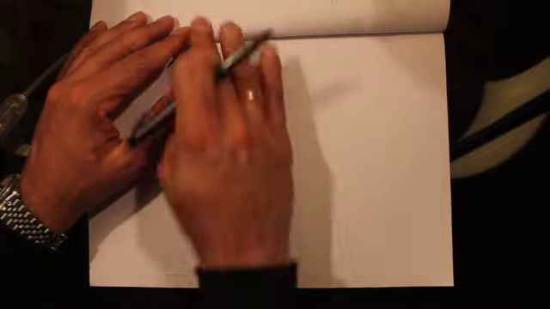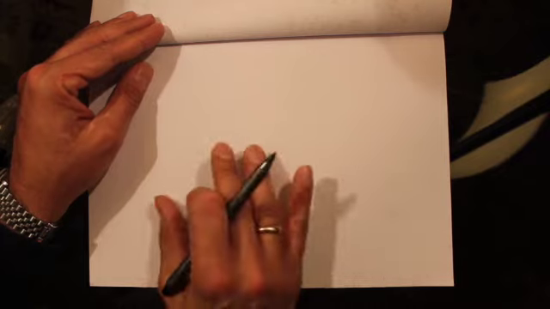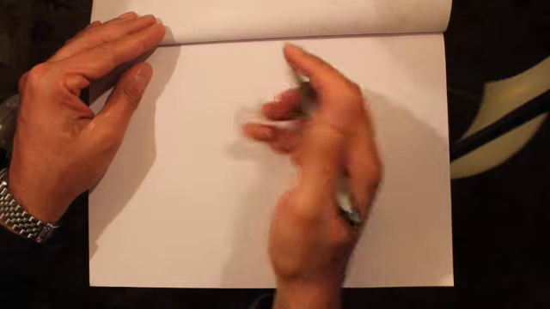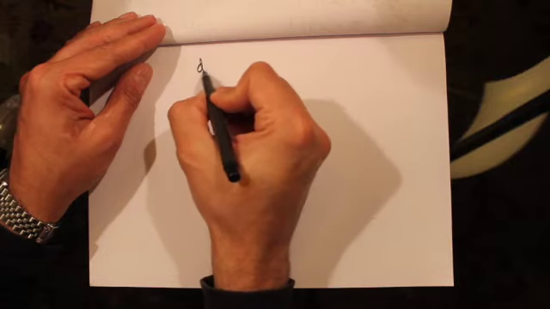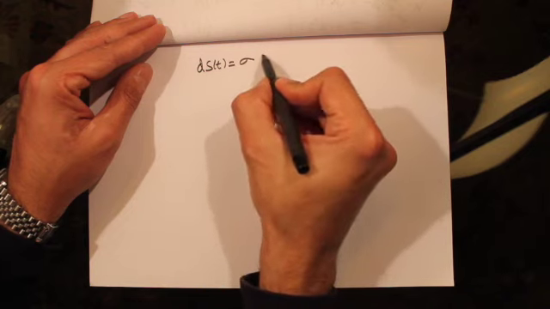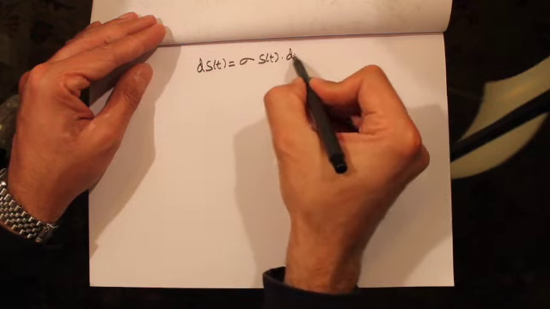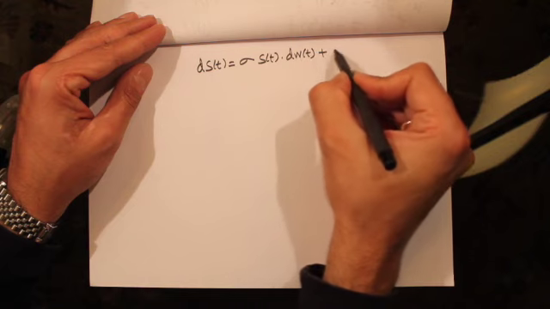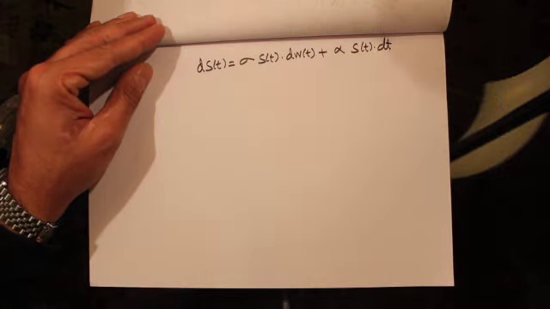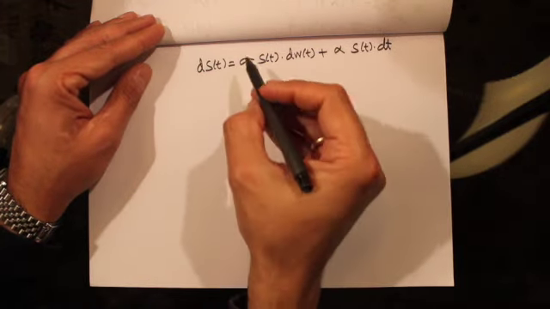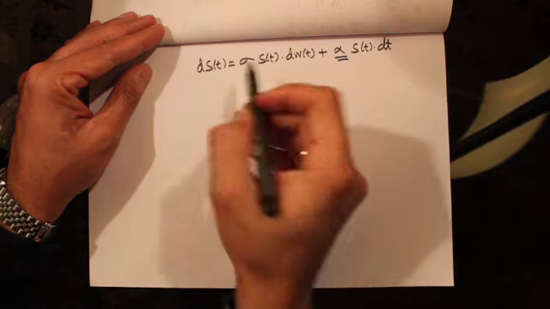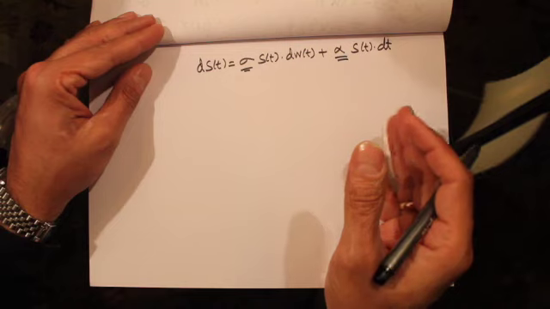From the previous lecture, we already know how we model a geometric Brownian motion. We said if a stock follows a geometric Brownian motion, then we can write dS(t) = sigma S(t) dW(t) + alpha S(t) dt. Alpha is the instantaneous mean rate of return, and sigma is the volatility term.